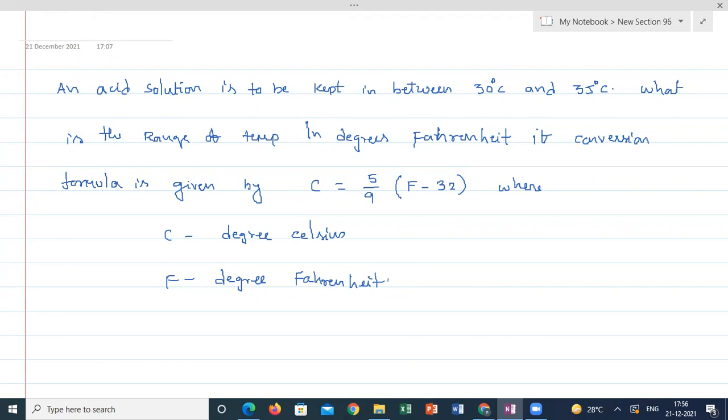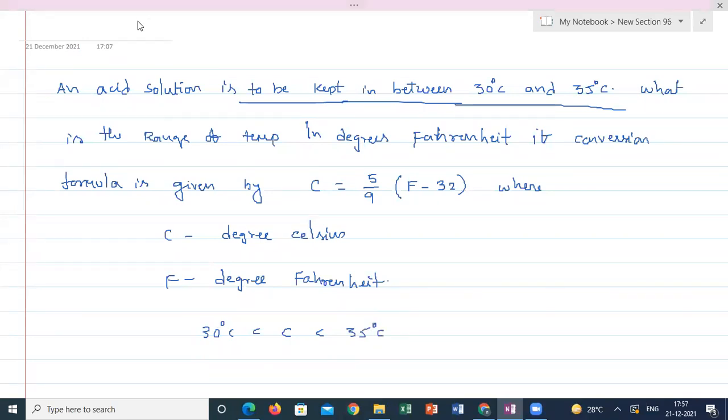Reading the question will make it a little easier to understand. He is asking if the temperature in degrees Celsius is between 30 degrees and 35 degrees. So first I am framing an inequality with respect to degrees Celsius: 30 degrees Celsius less than C less than 35 degrees Celsius.